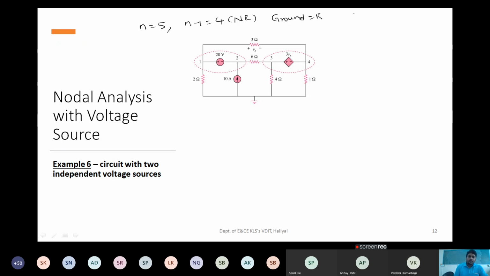So now what we understood is that you have to check, is there any voltage source between any two non-reference nodes? That means we have node number 1, 2, 3, 4.